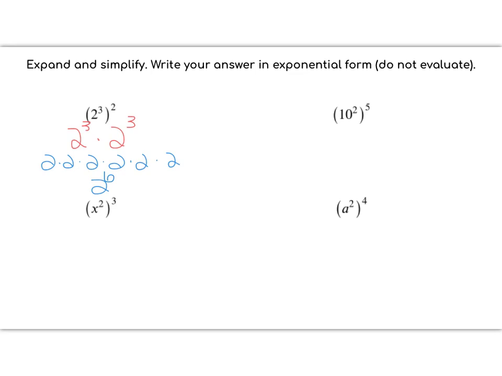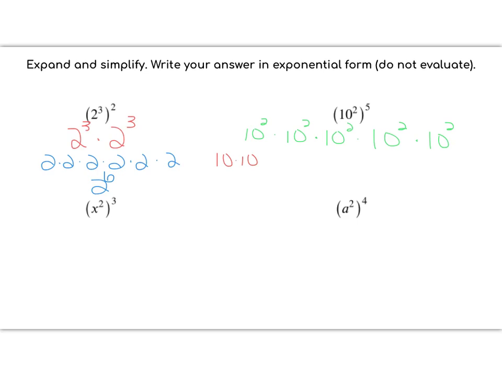Okay, next one. What about 10 squared to the 5th power? Well, what does that mean? That means 10 squared times itself, how many times? 5 times. Well, each of those 10 squared is 10 times 10, right?